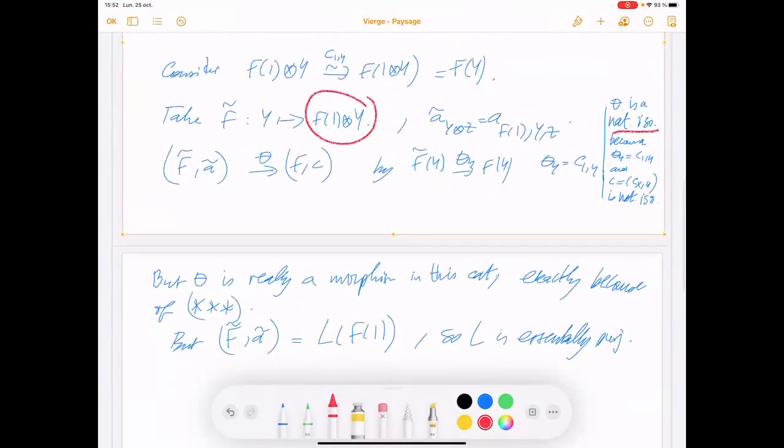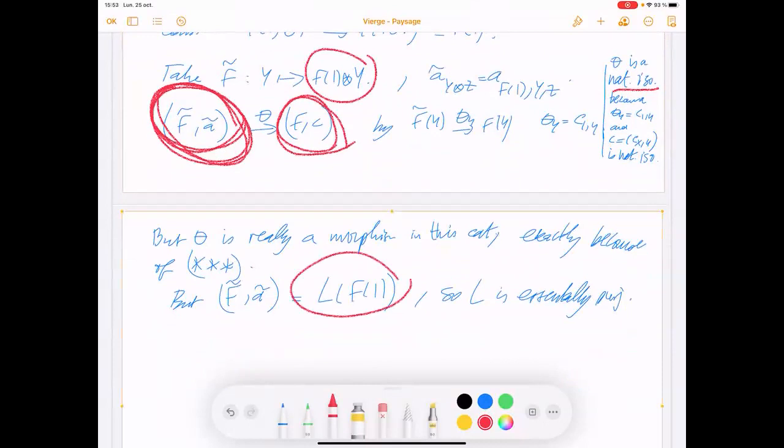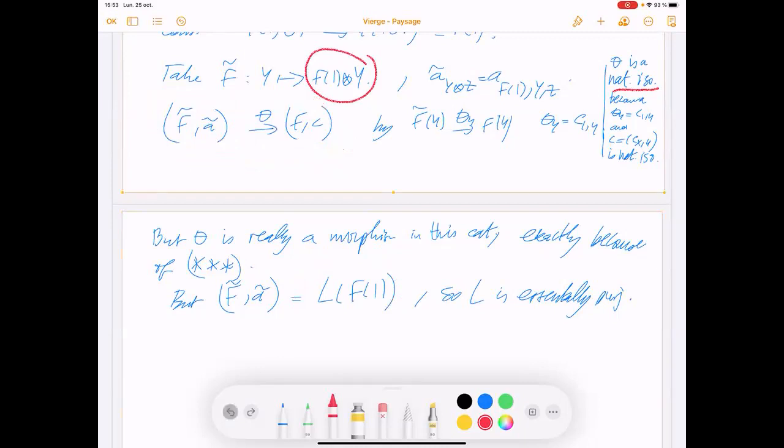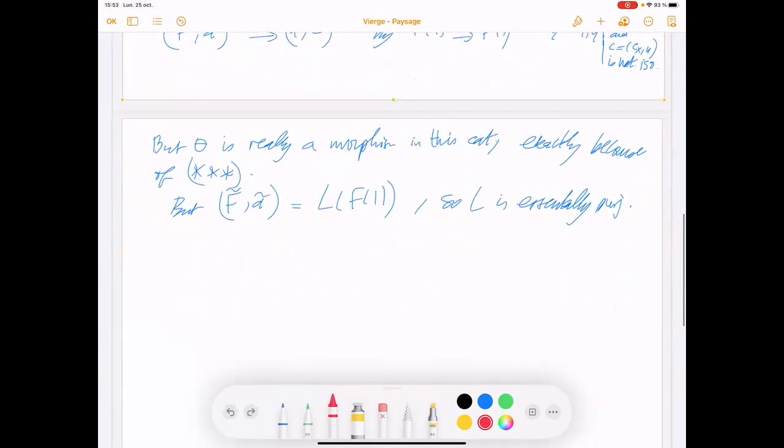So we started from f of fc, and we wanted to make an object which is isomorphic to f of c, and we wanted to make an object from L. And the object we make from L is that, and this is isomorphic to this, and this is the definition of essentially surjective. Okay. Sorry about the confusion. So this is essentially surjective.